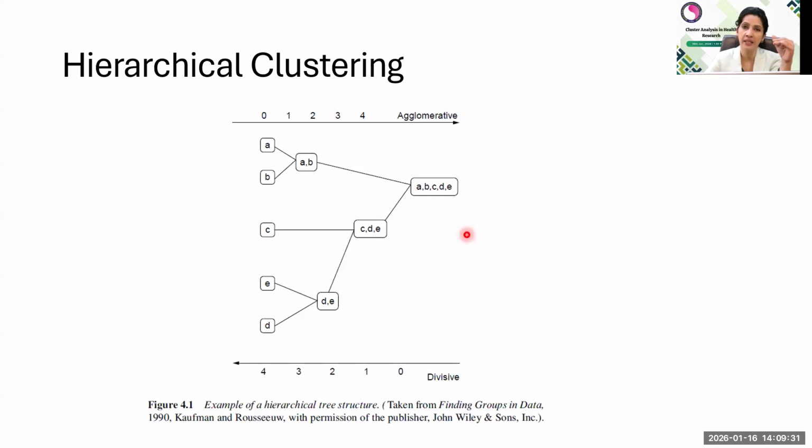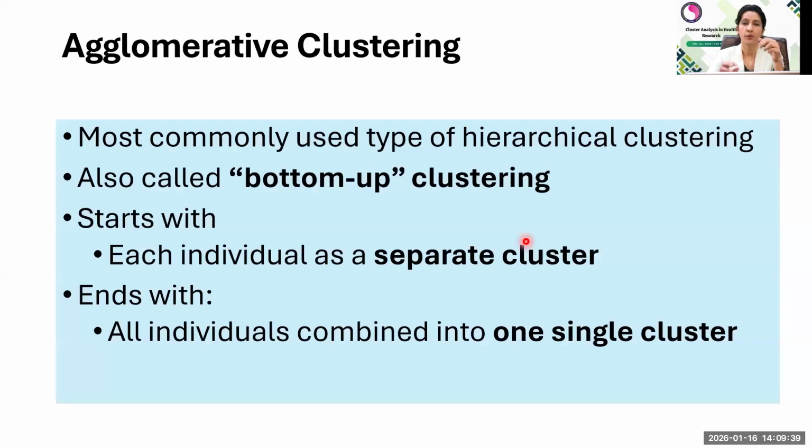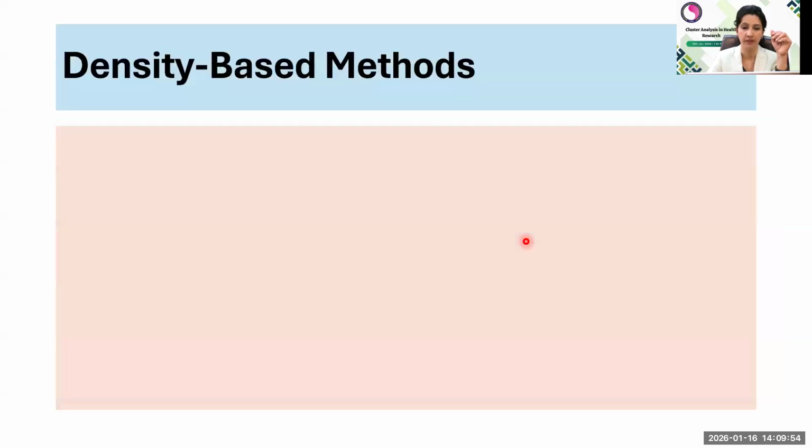But like I said, in health, most commonly it is the agglomerative type of hierarchical clustering which is done. This is the most common type, and it is also known as bottom-up clustering. Here each individual acts as a separate cluster, and overall all individuals combine into one single cluster. So this is agglomerative clustering.